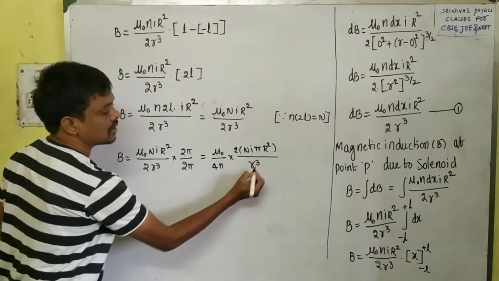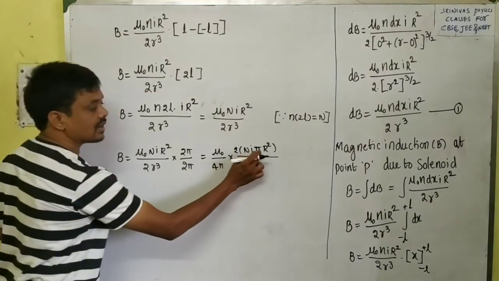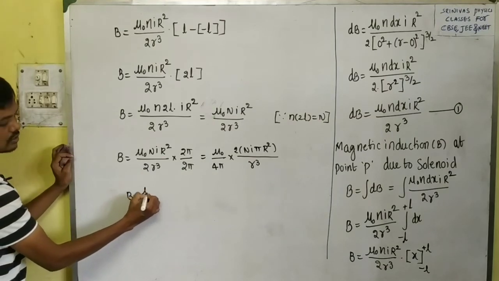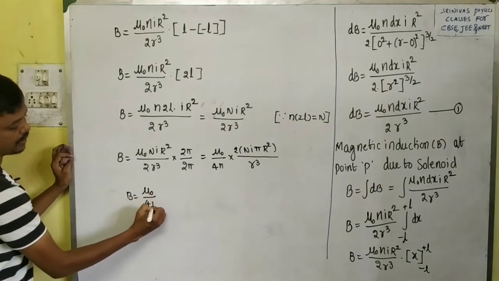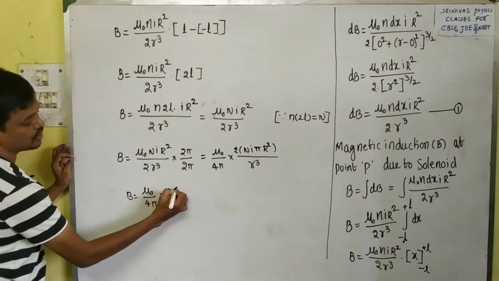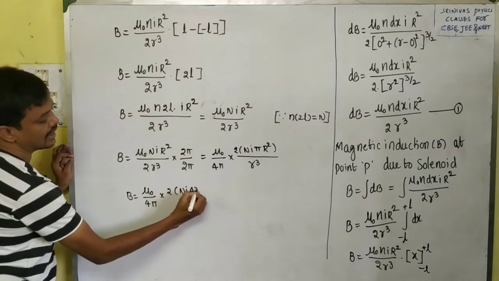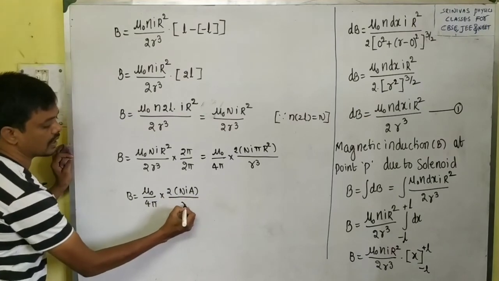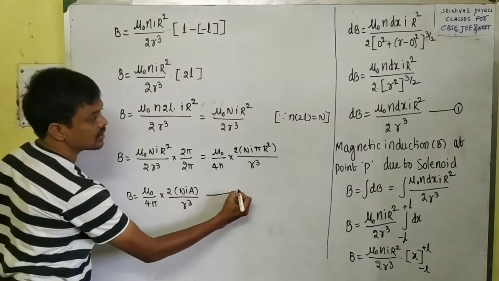This pi r square we write as the cross sectional area A. Now we write mu naught by 4 pi into 2 N I A, which is the magnetic moment, by r cube. This is equation 2.